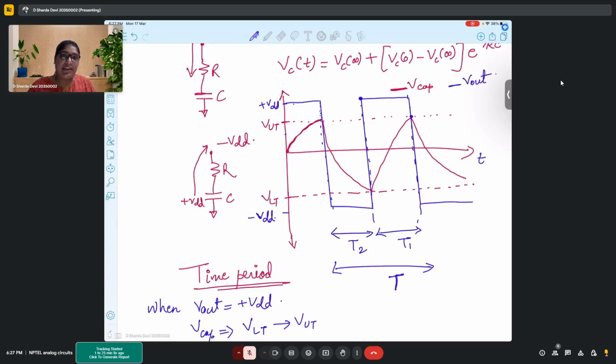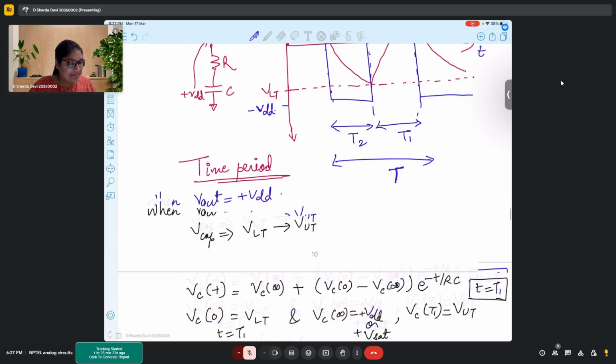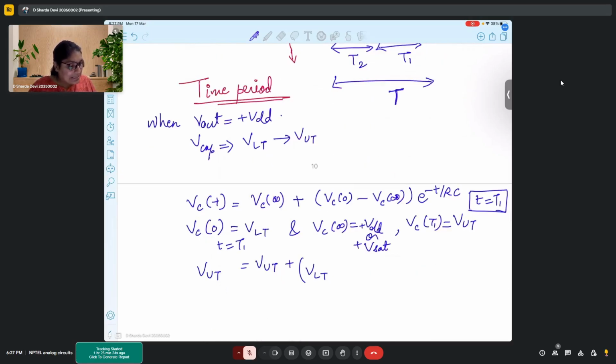But if we would have left it and let it charge till its full potential, it would reach till plus VDD, right? Which is plus VSAT. So yes, VC infinity will be the maximum value possible. So here definitely it would be plus VDD.